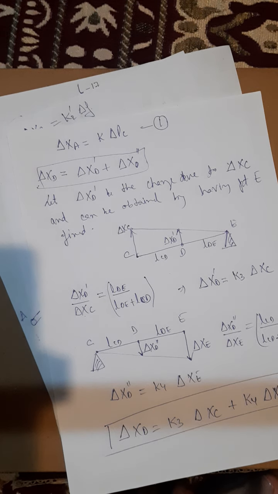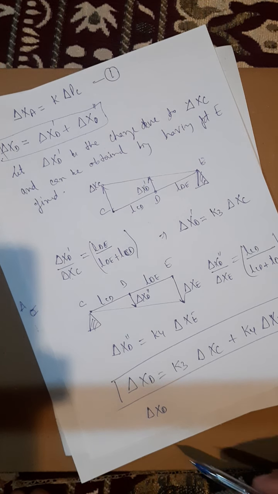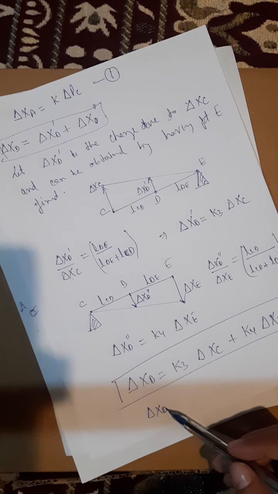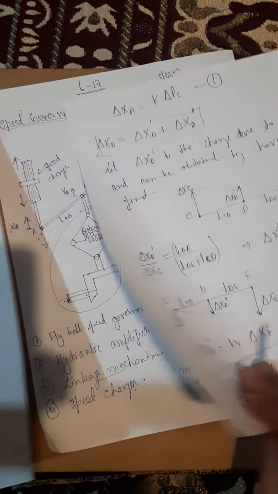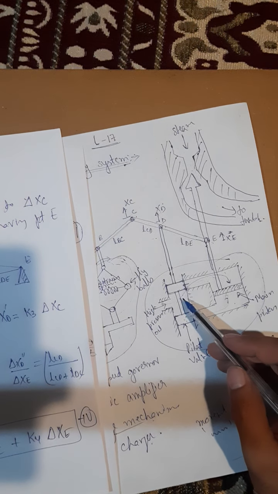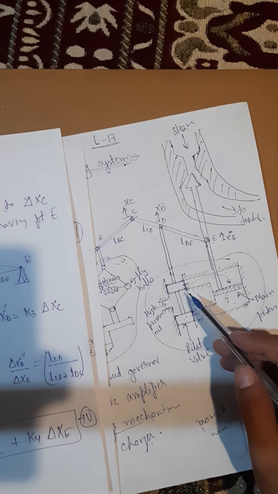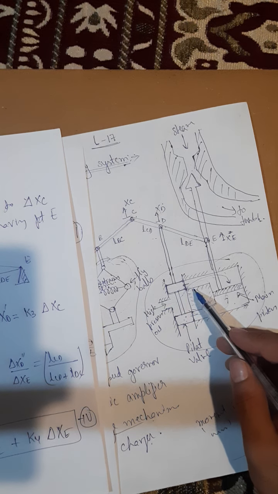So one more point which I want to explain. I am saying that the movement of point D, this movement delta xd, results in the opening of the pilot valve, which leads to the entry of the high pressure oil into the hydraulic amplifier.